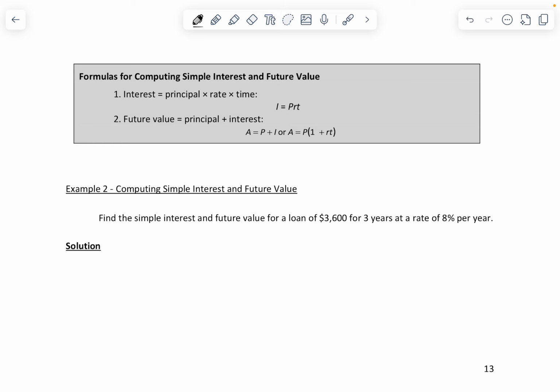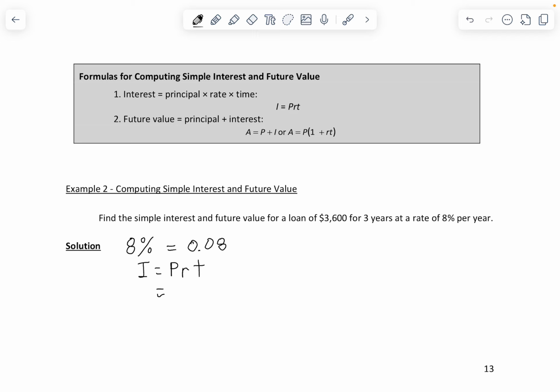First, we want to change the rate to a decimal and then substitute into the simple interest formula. So the rate is 8%, and in decimal form, that would be 0.08. So my simple interest formula is I equals P times R times T.